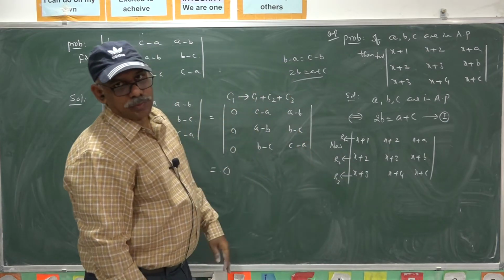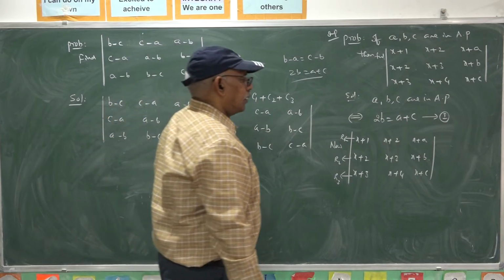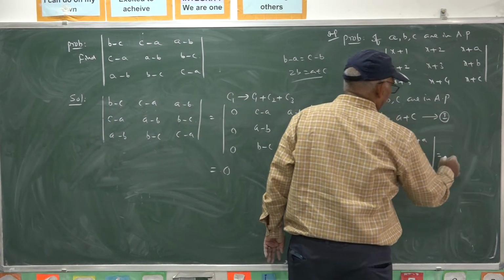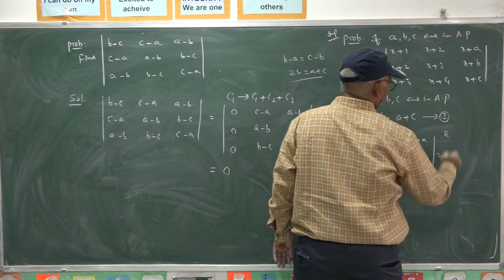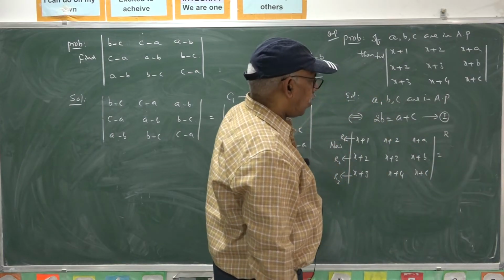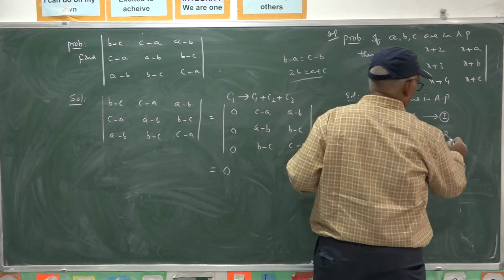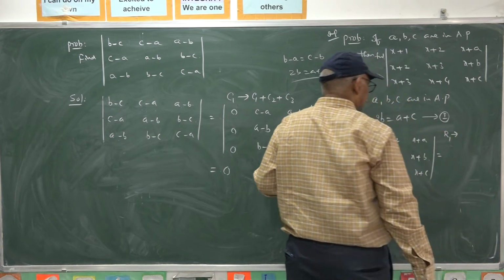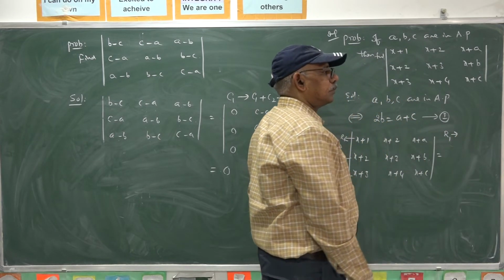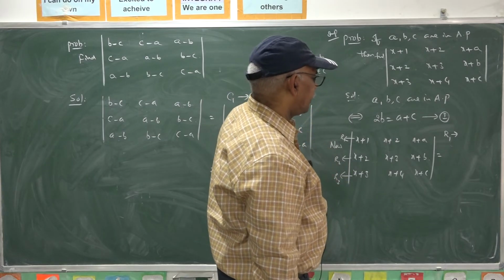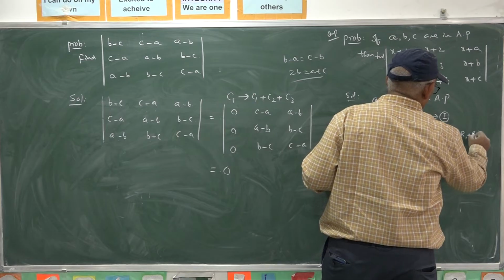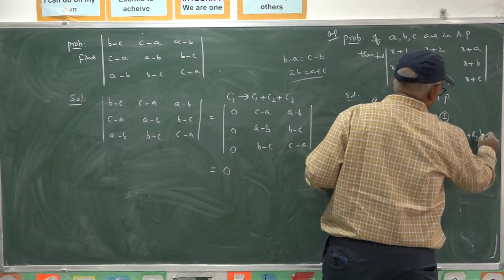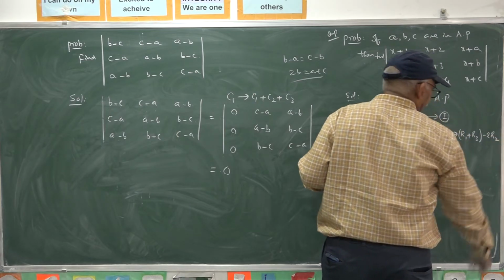I will take row transformations here: R1 goes to R1 plus R3 minus 2R2.